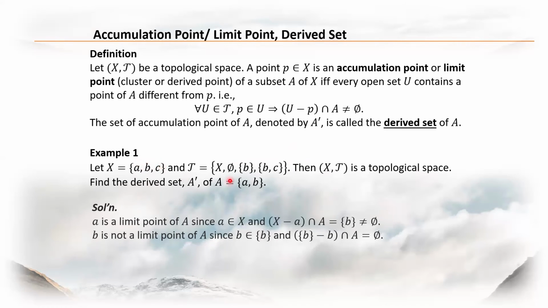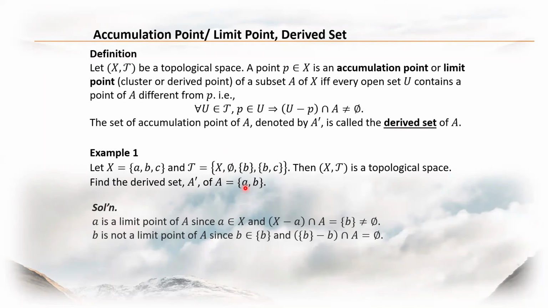What about c? Now, let's check which sets belonging to tau contain c. Of course, we have X, and we have the set whose elements are b and c. We will check X. X minus c is the set with a and b. Intersect it with A, the intersection is {a, b}, and it is not empty.